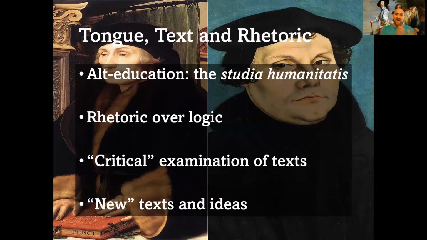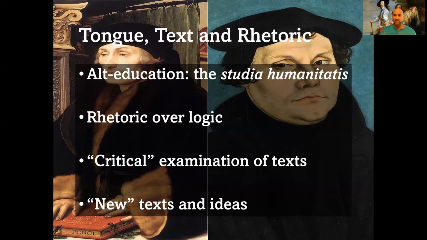What is critical for these humanists is the understanding of language and the history of languages, how words change over time. This is going to be one of their main contributions to Western civilization, in fact.